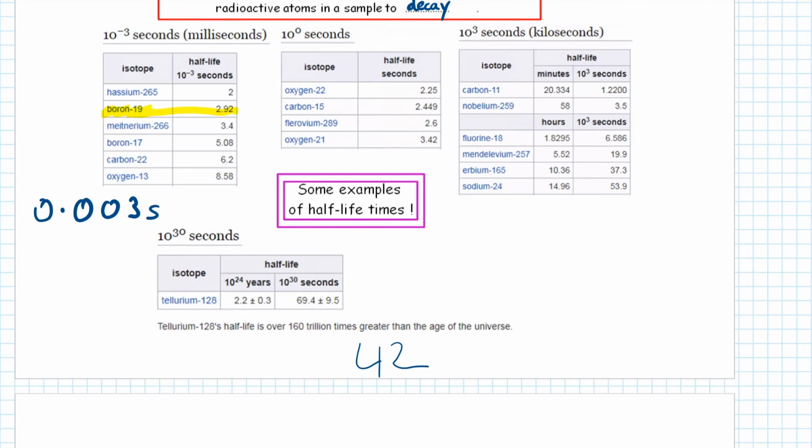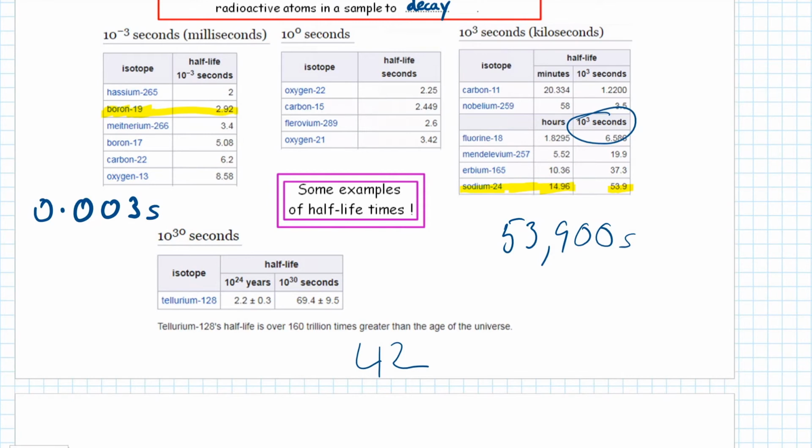So that means that for each atom, the probability of it decaying in a second is far higher than, say, an element over here, such as sodium-24. That's got a half-life of 15 hours, or in terms of seconds, to make that comparison with the boron-19, it's 53,900 seconds, because the 10 to the 3 seconds there means 1,000 seconds.